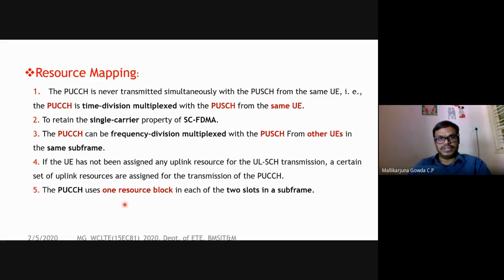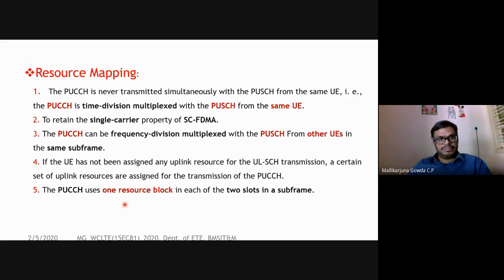PUCCH is time division multiplexed with the PUSCH from the same user equipment. Hence, PUCCH cannot be transmitted simultaneously with the PUSCH from the same user equipment. Why is it done so? It is done to retain the single carrier property of the SC-FDMA. Why do you want to retain the single carrier property? There are other reasons, such as reducing the PAPR and other things.